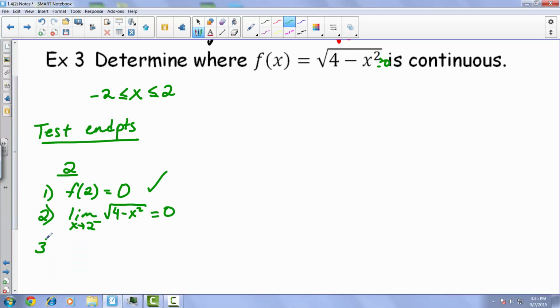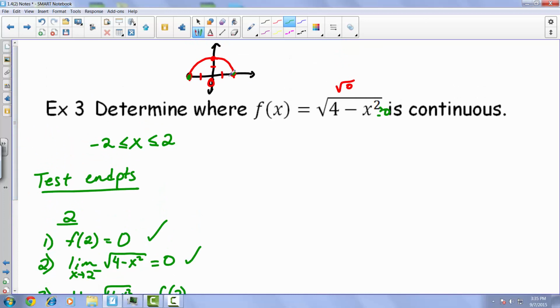Step 3 simply says that the limit as x approaches 2 from the left of our function is in fact equal to f of 2. So yes, 0 does equal 0, so this does work out. By showing these 3-step criteria, you would include 2 in that interval.